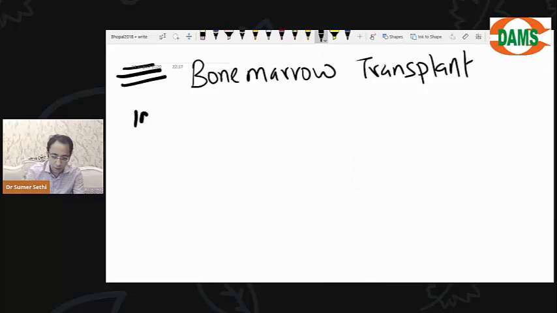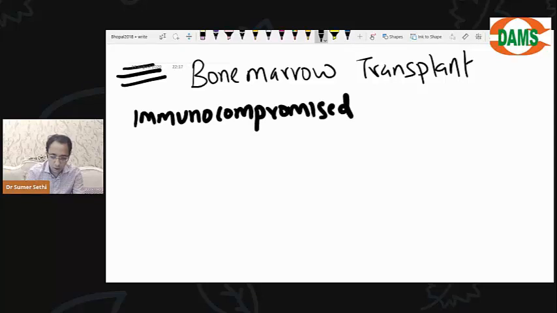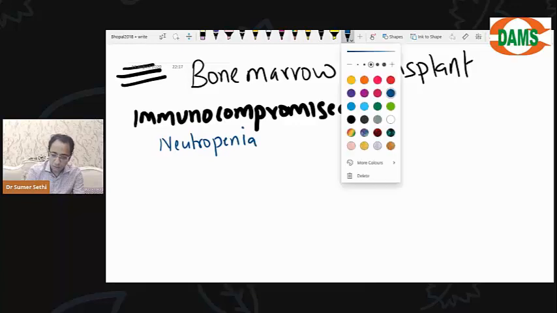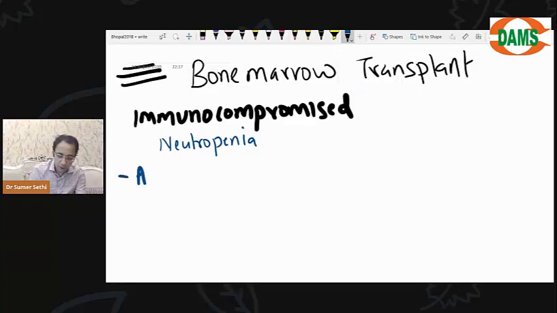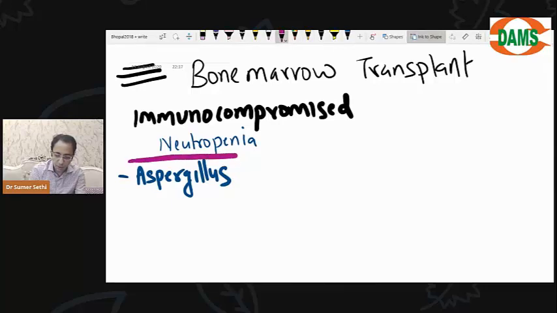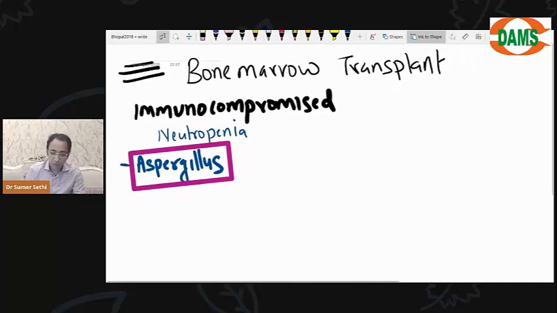You become immunocompromised. You have neutropenia. And we know from our experience already that Aspergillus is a ubiquitous fungus. It is present everywhere. So what will happen, beta? If you are immunocompromised, you don't have neutrophils, so you become more predisposed to develop Aspergillus infection.